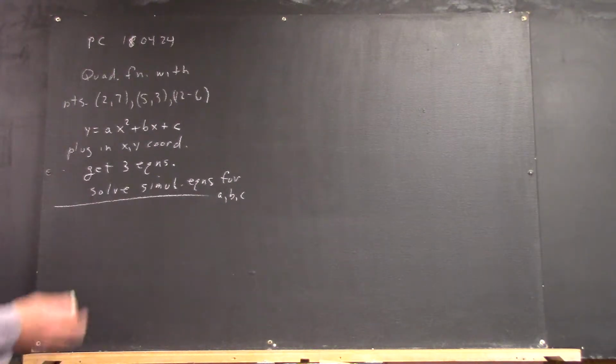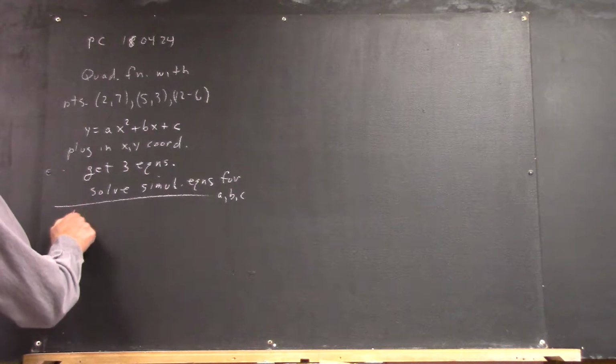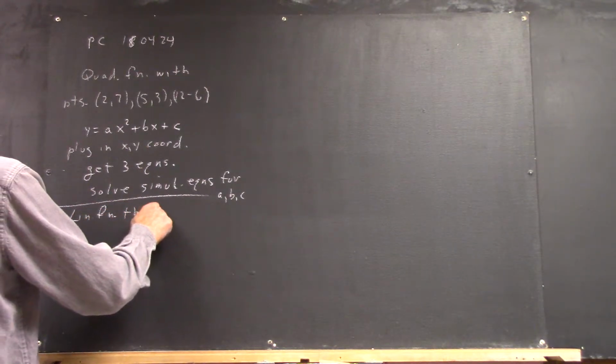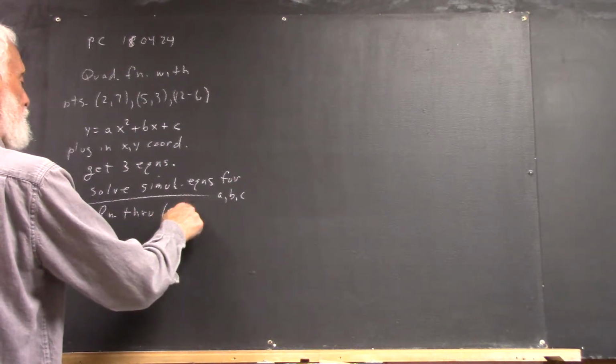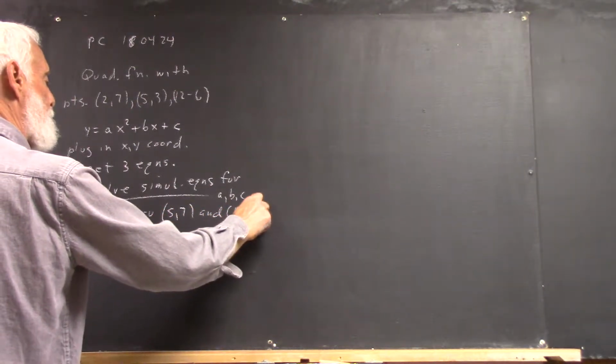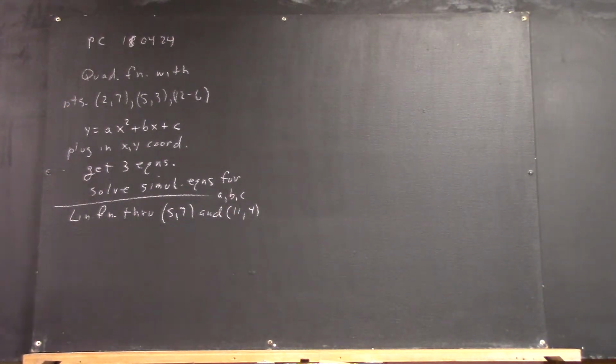Okay, now, taking the same idea, how about a linear function? Does anybody else remember this? We know we can do that with fundamental triangles. We know we have a point-slope form and a 2-point form of the equation.